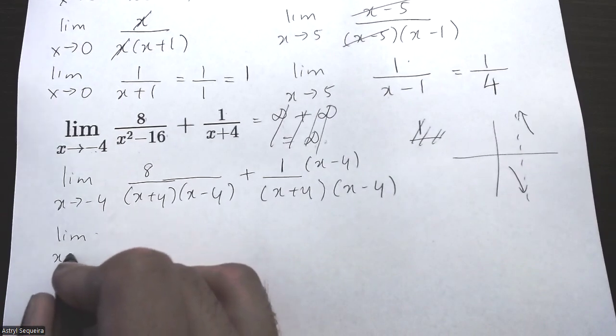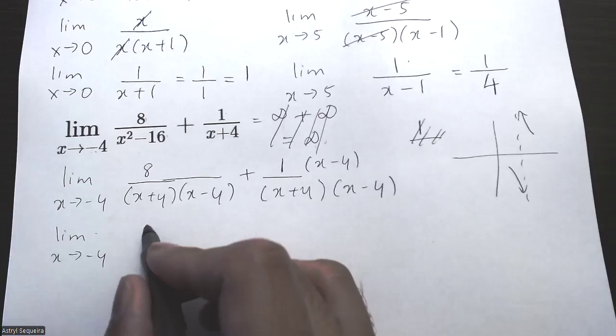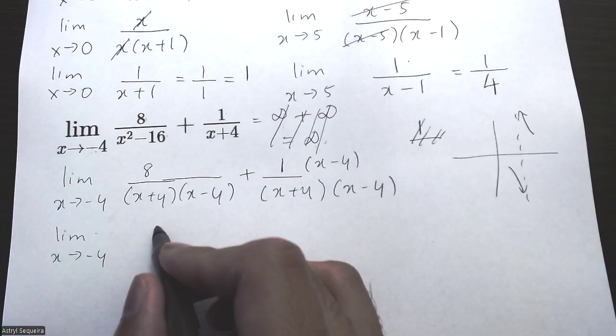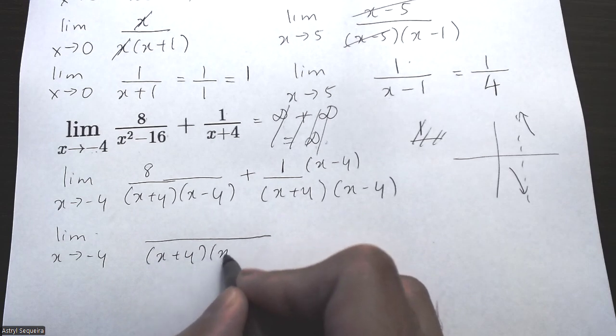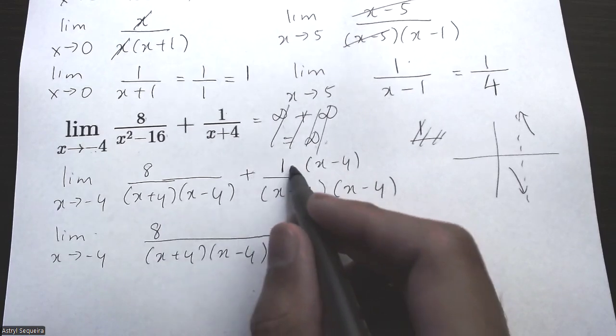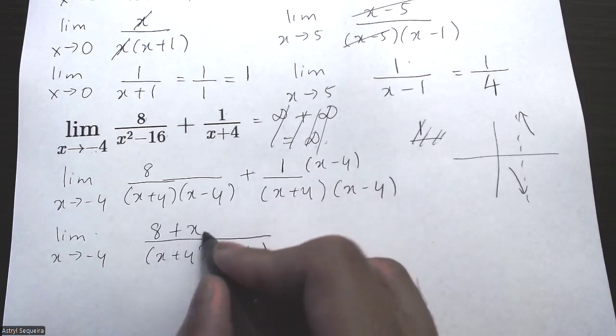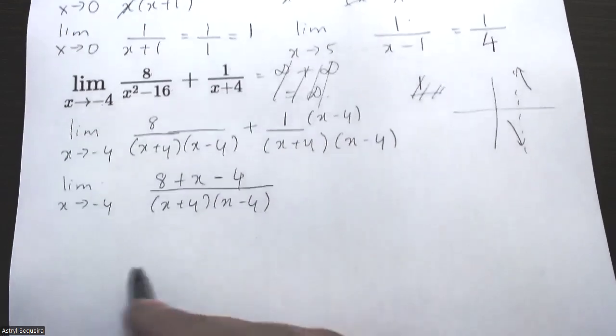So now in my next step, we have the common denominator is just x plus 4, x minus 4. And then in the top, I have 8, and then this is plus 1 times x, which is plus x, and plus 1 times -4, which is -4.